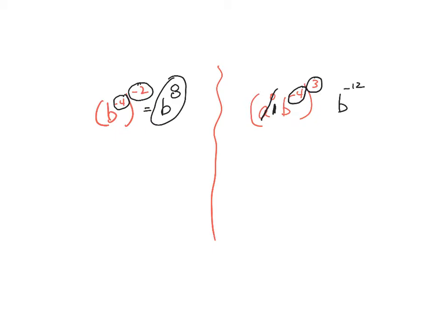I can't leave it as b to the negative 12 because I can't leave a negative exponent. So I am going to bring that down to the bottom. Remember, there's that understood 1 in front of that b. And I am going to make this b to the negative 12 a b to the positive 12. So my final answer to this is 1 over b to the 12th power.